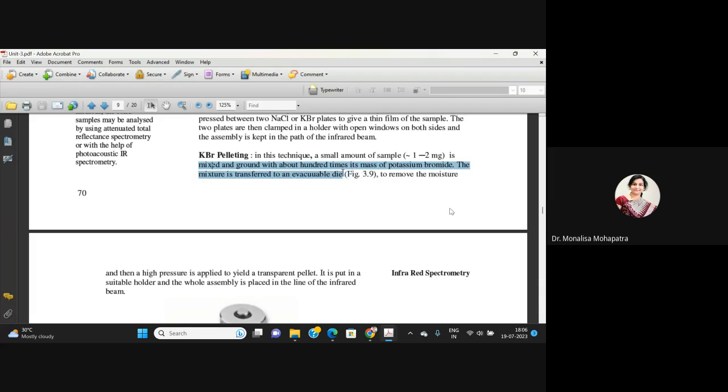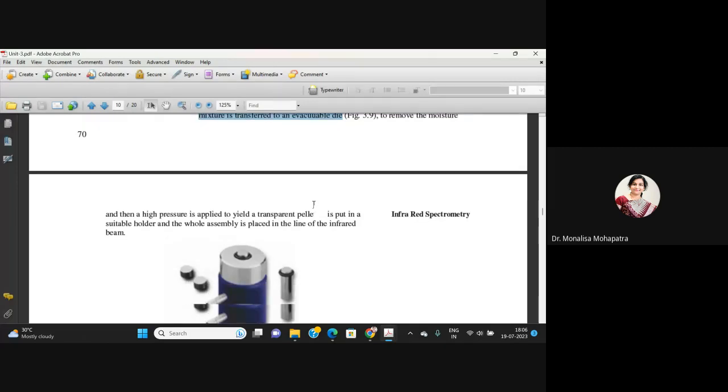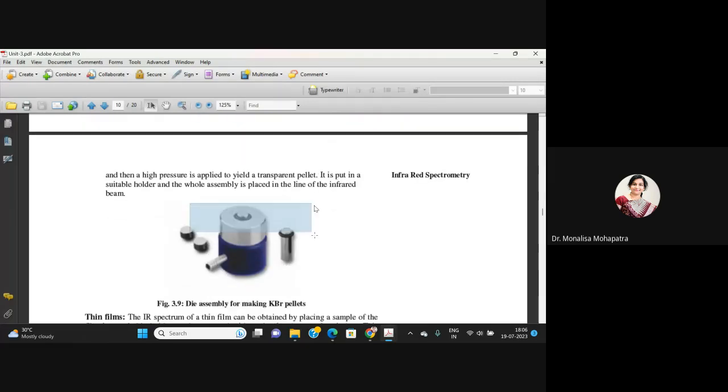The mixture is transferred to an evacuable die to remove the moisture. Moisture should not be there, it should be moisture free. Then a high pressure is applied to yield a transparent pellet. So that pelleting technique is very, very important.